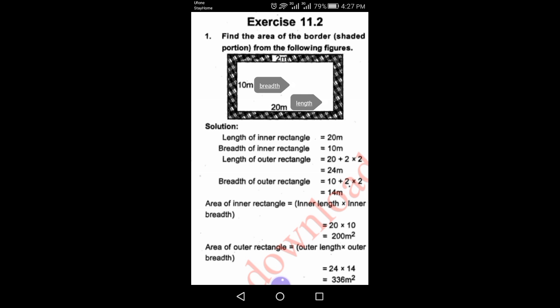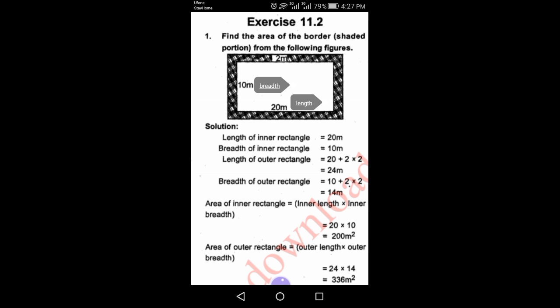In the figure, there is a large rectangle and a small rectangle, that is the inner rectangle, whose length is 20 meter and whose breadth is 10 meter, and the shaded portion width is 2 meter. We find out the area of the large rectangle and the area of the small rectangle, then we find out the area of the border.